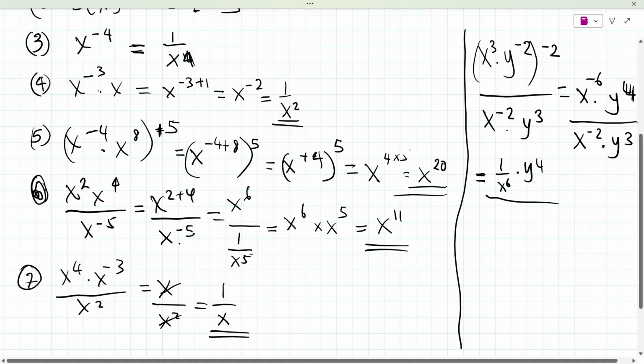And all this is being divided by 1 over x squared being multiplied by y to the power 3. So now this becomes y to the power 4 being divided by x to the power 6, and all this is being divided by y cubed over x squared.